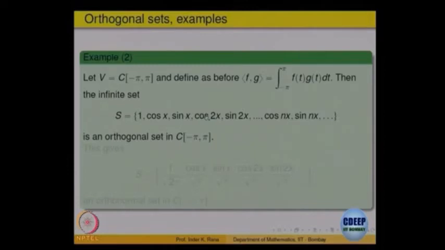If you can easily check, when n is not equal to m, cos nx times sin mx, the integral is equal to 0. So, any two of them are orthogonal to each other, and the integral of the modulus squared is not equal to 0. So, this set is an orthogonal set in the space of continuous functions.